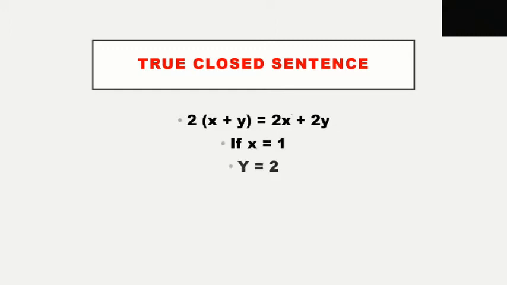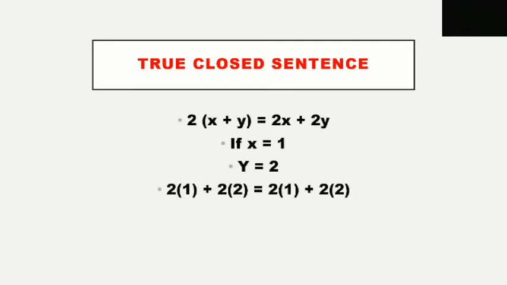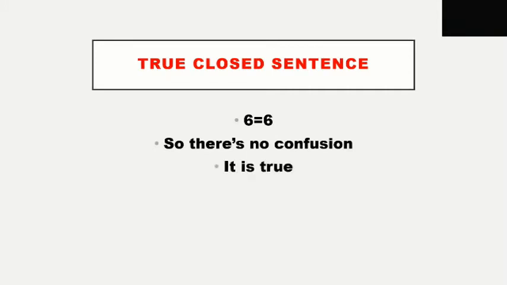If x is equal to 1 and y is equal to 2, substituting the values of x and y, we have 2 times 1 plus 2 times 2 is equal to 2 times 1 plus 2 times 2. So they are equal expressions, so it is true. Another is 6 is equal to itself. There is no confusion there. It is always true.